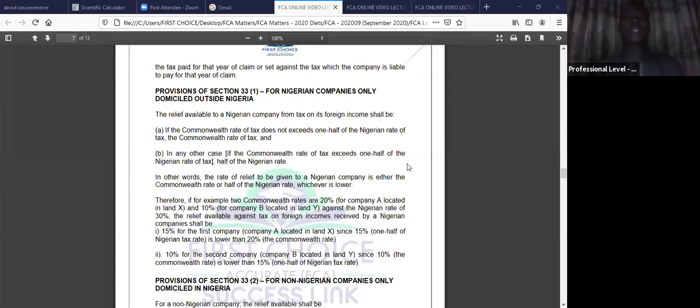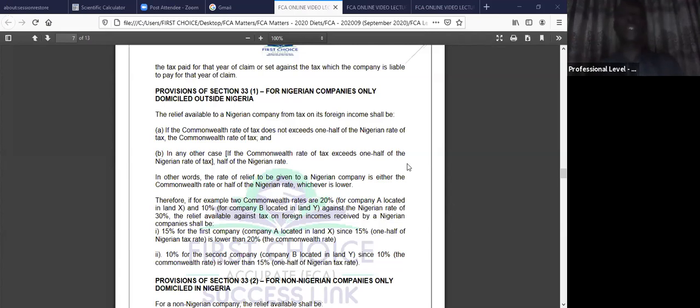So what you'll be saying is, if the Commonwealth rate of tax is smaller than half of the Nigerian rate, of course, it is the smaller one we are going to use. We are going to use the Commonwealth rate. But if on the other hand, the Commonwealth rate is higher than half of the Nigerian rate of tax, then we are going to be using half of the Nigerian rate.